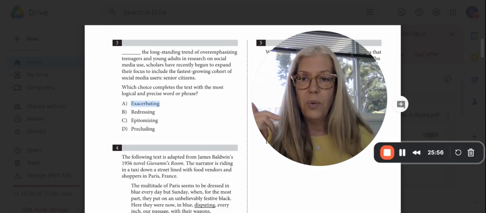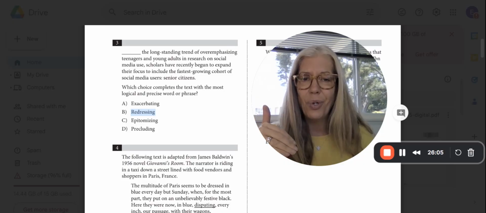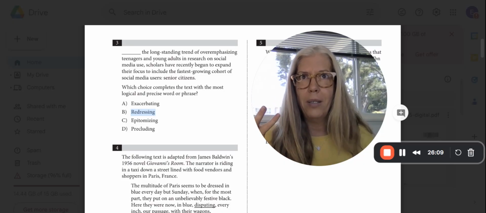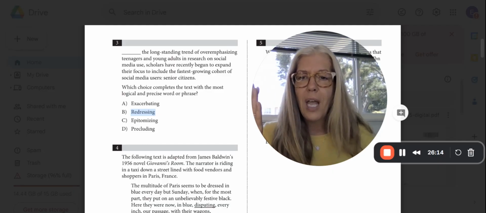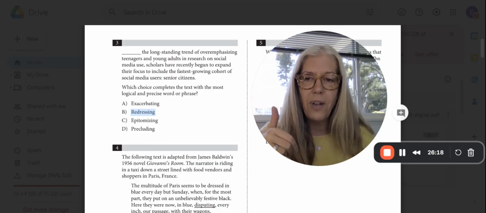We're looking for reviewing. So redressing, I kind of see a prefix and a suffix in there, but I'm not necessarily sure that I want to get down to the word dress. To dress is the way we would usually think about putting on clothes. So the ing is a common suffix.